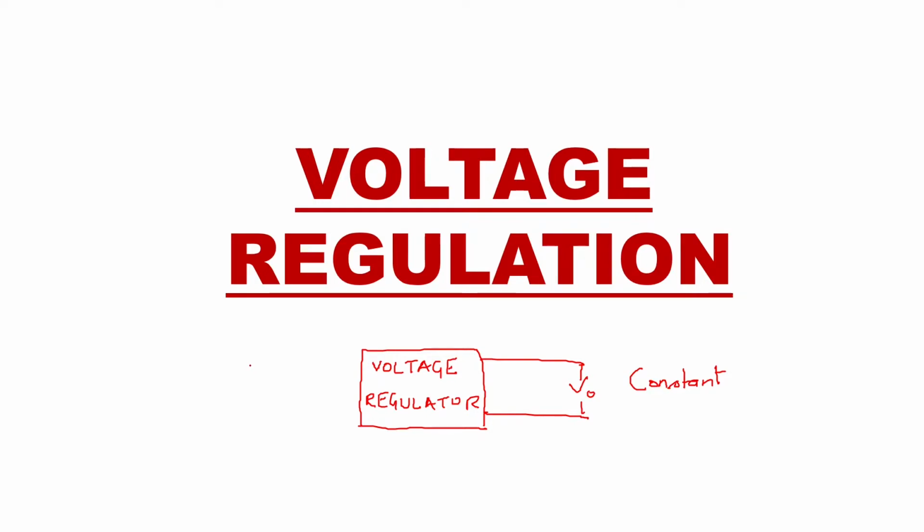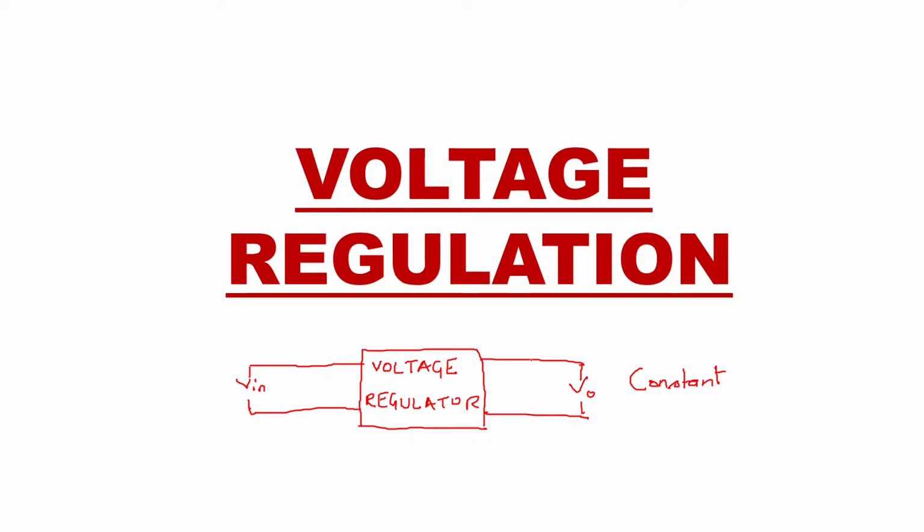Whatever input you give here from your main supply, even if the input goes above a certain specific value, in that case, the output should not go above a specific value. It should remain at that specific value. So we say the output remains constant in spite of variations in the input.